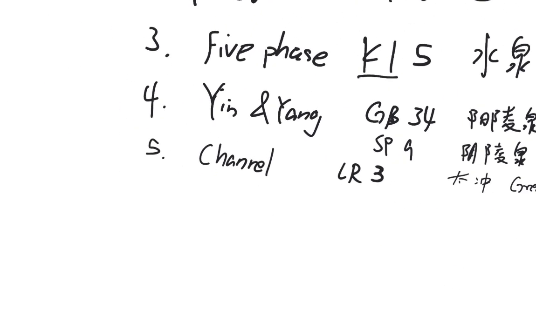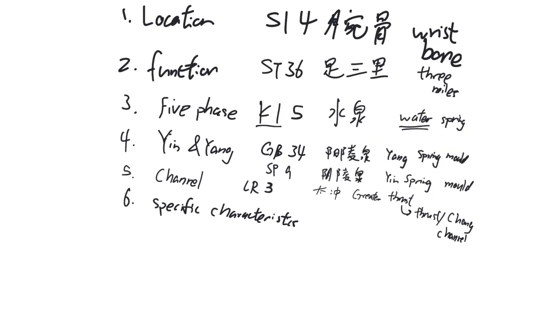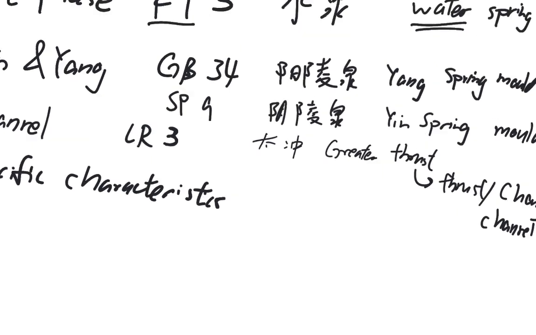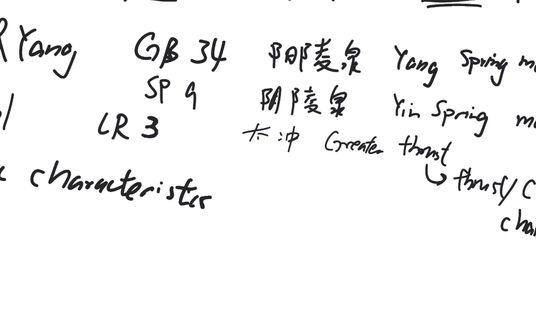Lastly, there's also some specific characteristics of points. For example, all the back-shu points have the character shu.